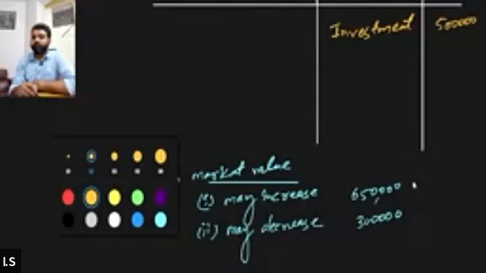But the loss the firm has actually suffered is of only rupees 2 lakh, right? If the loss is of rupees 2 lakh and the reserve that we have made is 4 lakh, that means the remaining 2 lakh, what are we going to do with the remaining 2 lakh of reserve?